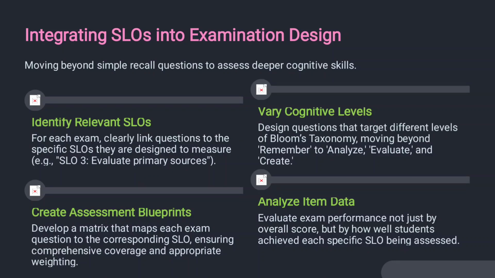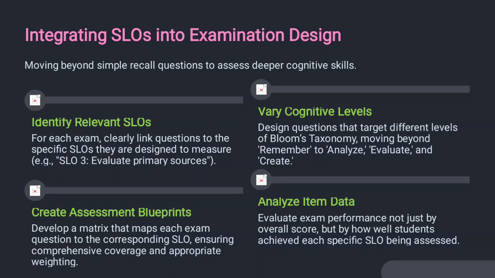For example, SLO3 is about evaluating primary sources. The second is vary cognitive level. Design questions that target different levels of Bloom's taxonomy, moving beyond remember to analyze, evaluate, or create.